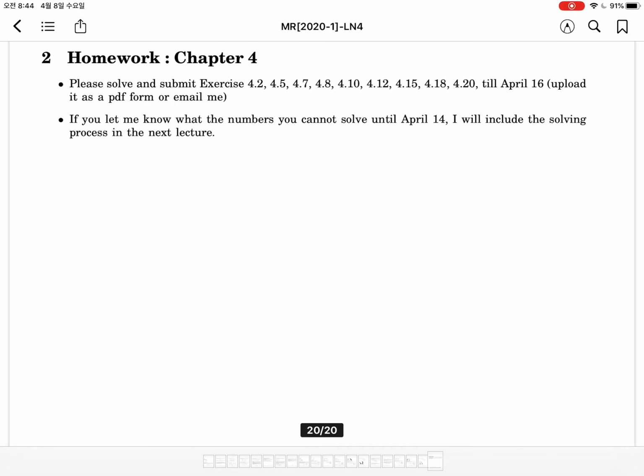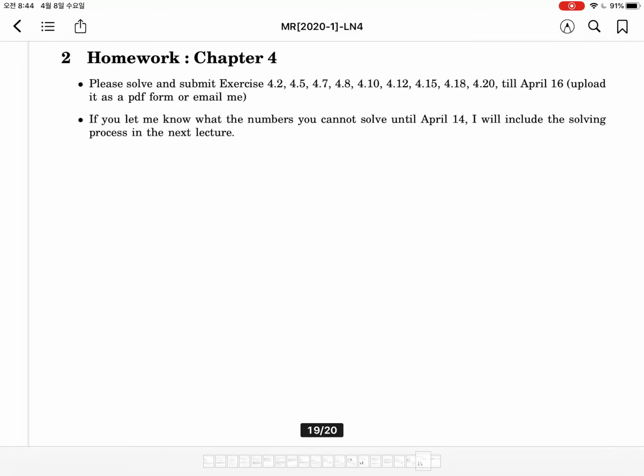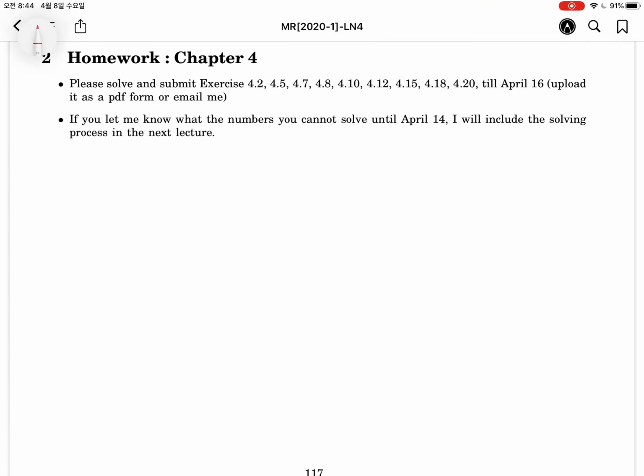Okay, my pencil is running out. The battery is running out, so maybe this is the third homework for chapter 4. Please solve 9 exercises until next Thursday.